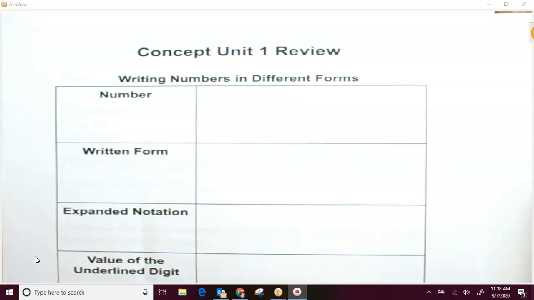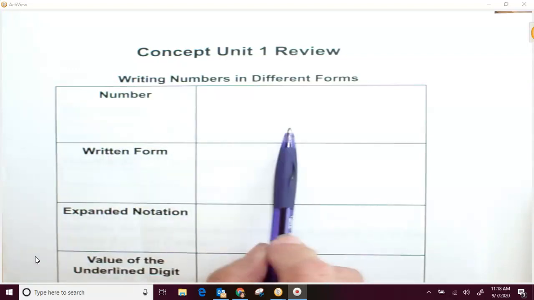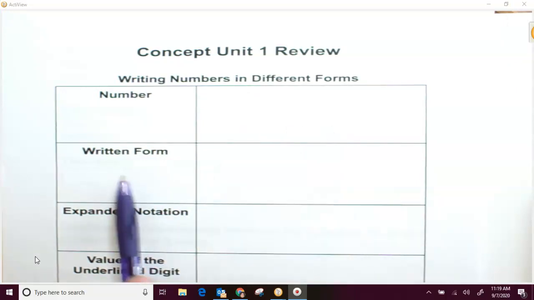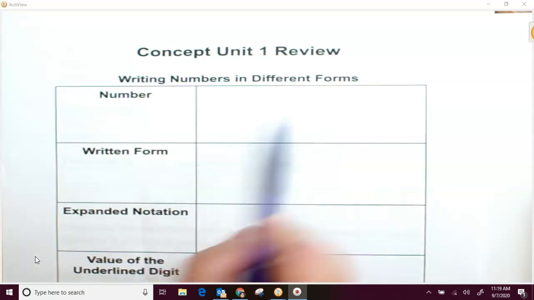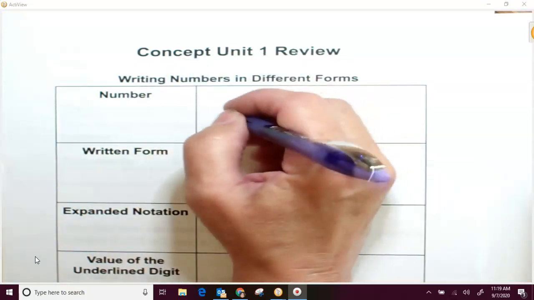That's going to be the first thing, and I've got it in a column. So you're going to write the number form, and then you're going to write the number in number form right there. Okay, the written form, you're going to take this. Well, let me go ahead and write this number because this will be given to you.